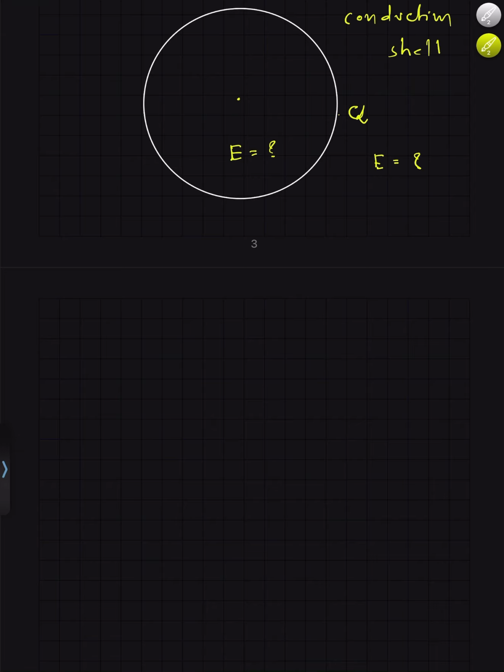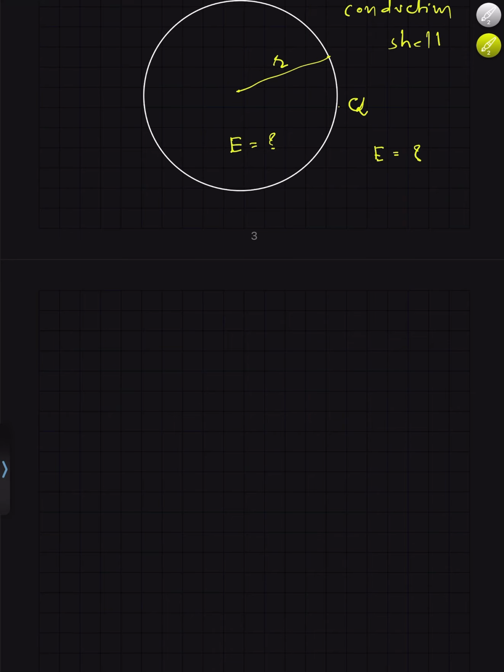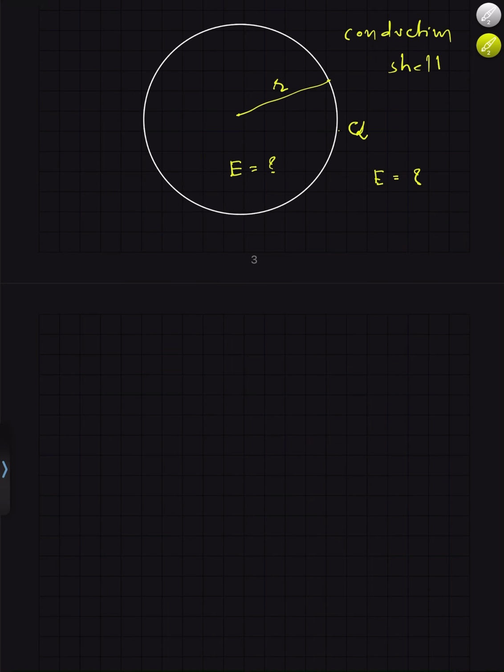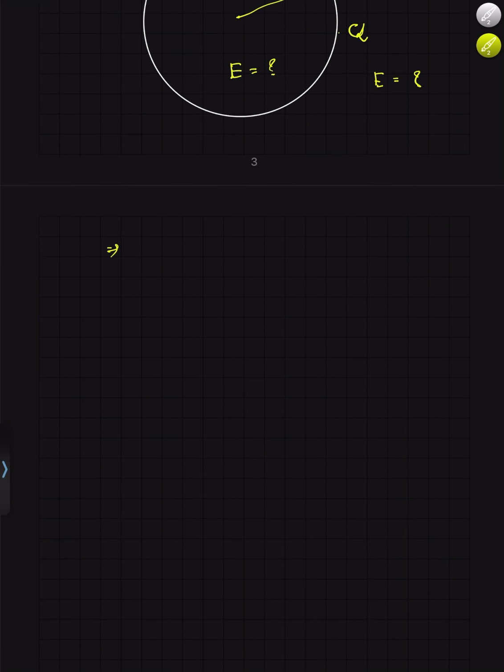Let's say the radius of this shell is capital R. Gauss law gives E dot ds equal to the enclosed charge divided by epsilon naught.